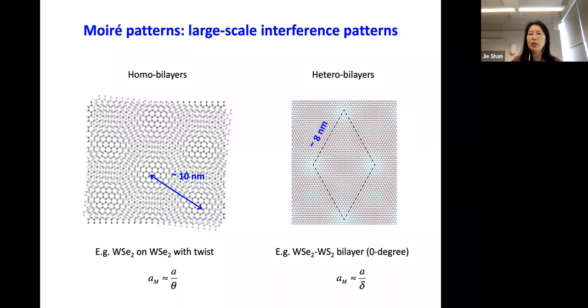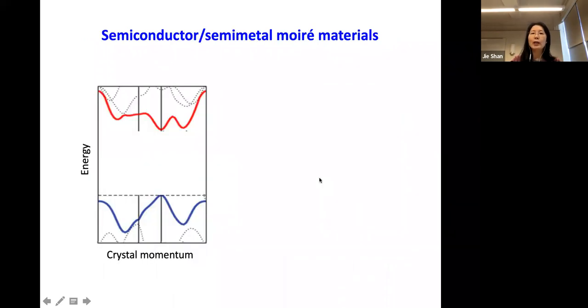So the pattern you saw here, on the large scale, it looks periodic, but if you look down, they are quasi-periodic, right? But when the period is long compared to the atomic lattice constant, and when we are dealing with semiconductors or semi-metals, what I mean is that, if you look at the energy distribution in terms of crystal momentum, you can find some pockets where the energy dispersion is mostly confined within some small crystal momentum range.